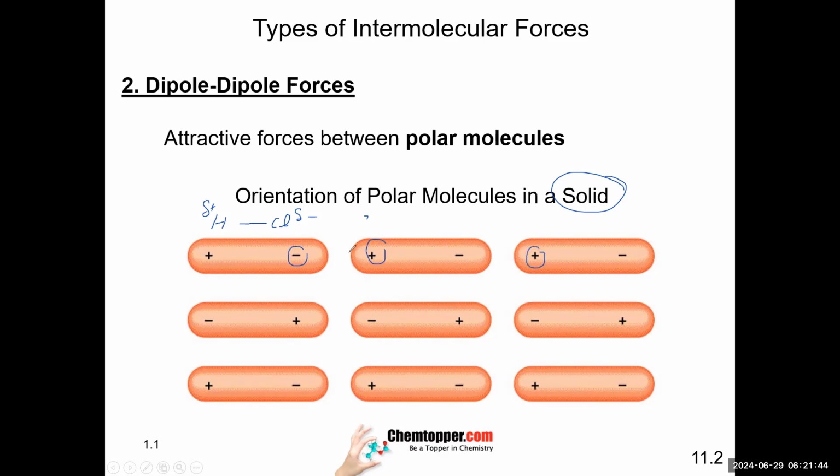A regular repetitive arrangement, this minus next to plus, this minus next to plus. This is HCl, this is HCl, this is HCl. Such a systematic repetitive arrangement results in the formation of a lattice.